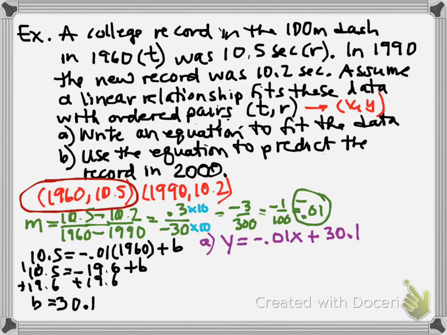There's your equation. Okay. Now we need to make a prediction. It says use the equation to predict the record in 2000. So if right now in 1990 it's 10.2 seconds, what's the record going to be 10 years later? So all we're going to do for part B is substitute in.